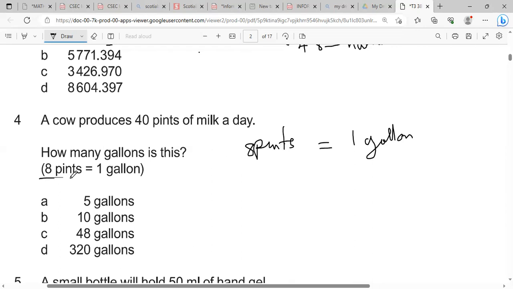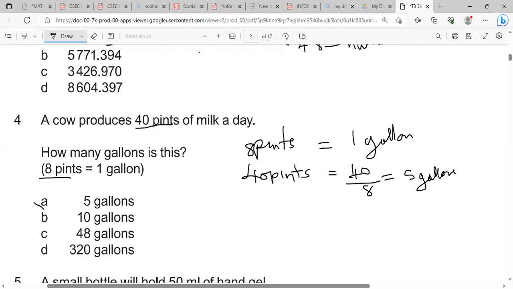So if 8 pints equal 1 gallon, what would 40 pints equal? Clearly it's a smaller number, because if it takes 8 to make 1, we're going to divide 40 by 8, and that works out to 5 gallons. So our answer here would be A.